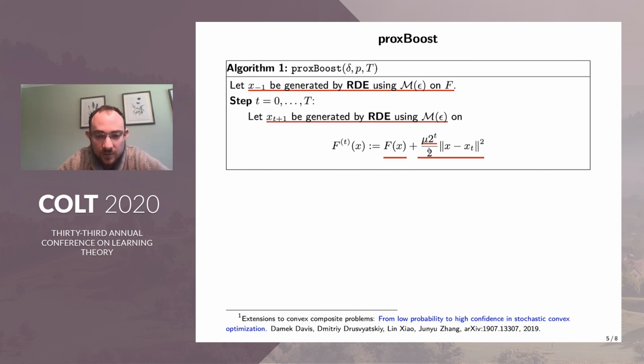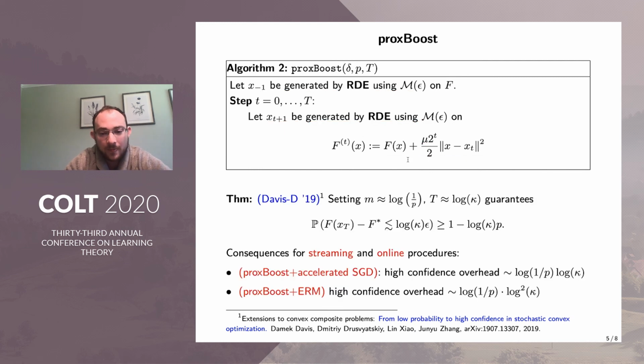The quadratic is centered at the current iterate x sub t, and its amplitude increases very fast: it's mu times 2 to the t. So it's geometrically increasing. That means you only need very few iterations to make the condition number of this function a constant 2. And at the very end of this chain, you don't pay anything. Of course, the question is, what have you paid in the middle?